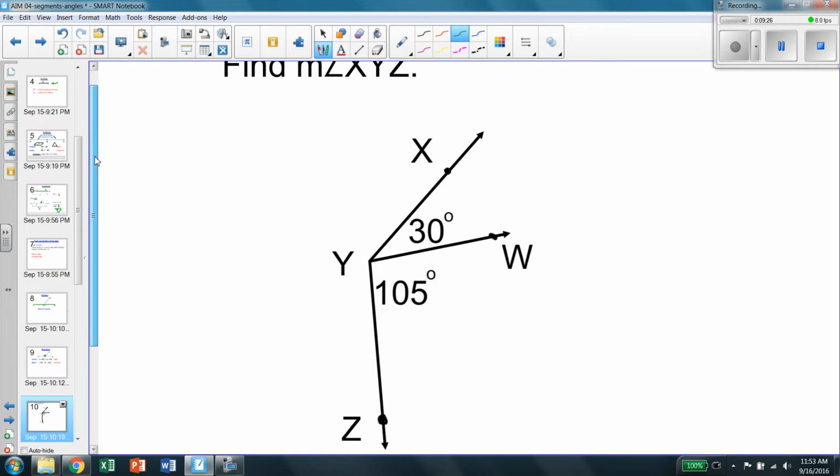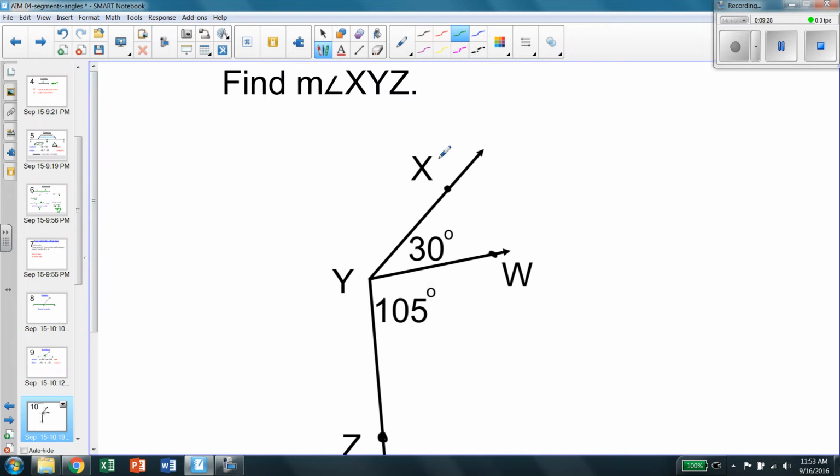Okay, so here we go. We have an angle. It says to find the measurement of XYZ. So here, let's use green. We're trying to find this big angle right here, XYZ, and we see that ZYW is 105, and XYW is 30. So together, these two make up this big angle here that was highlighted in green.